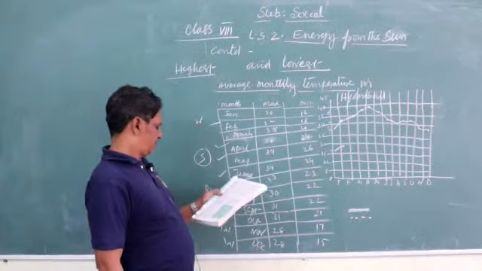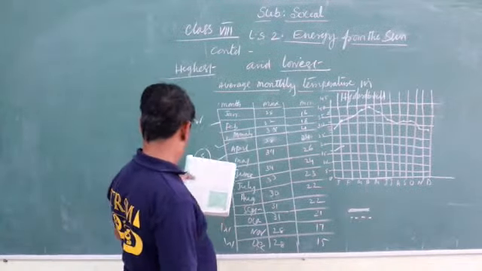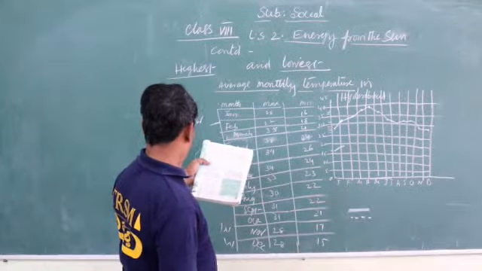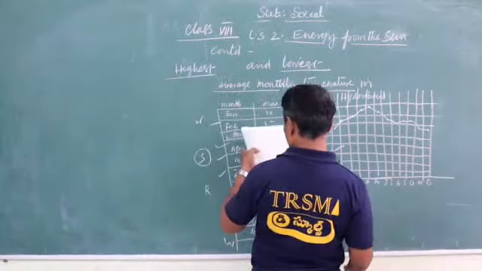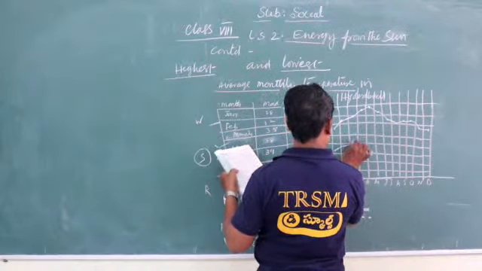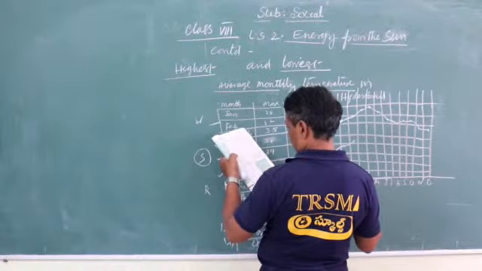Okay? So, the minimum line. Minimum January 16. Okay? And 18. 21 in March.